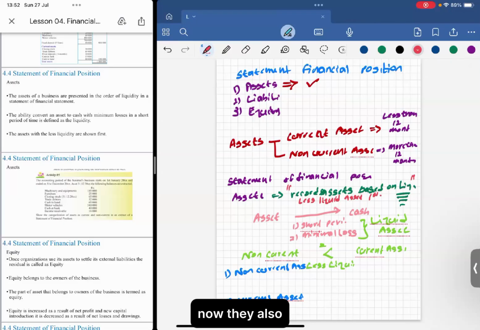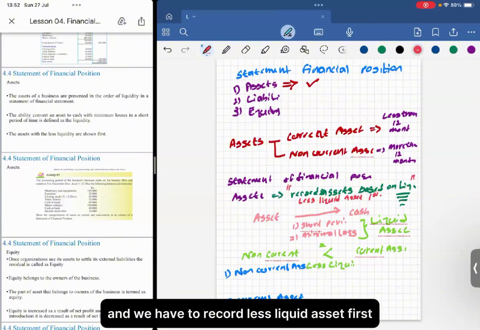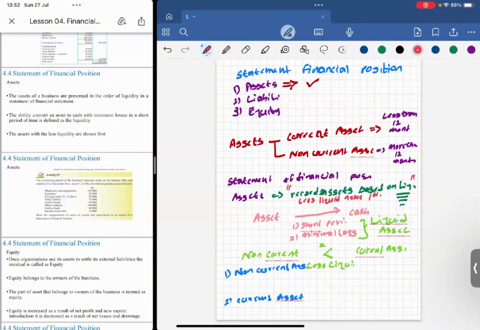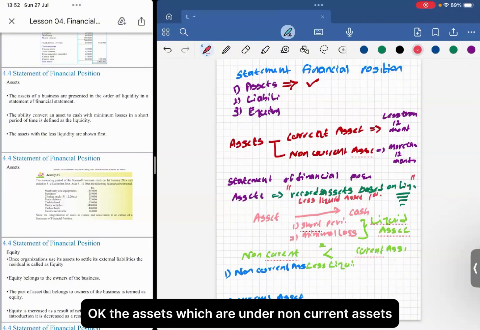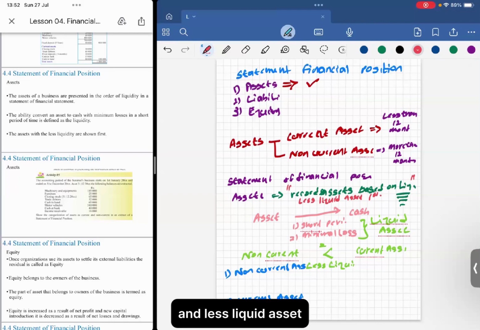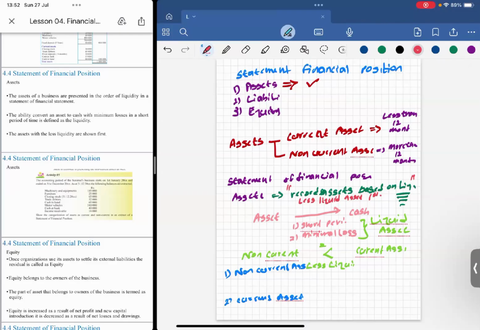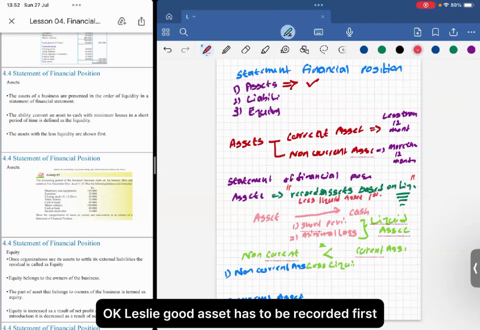Now they also have to be recorded based on the liquidity, and we have to record the less liquid asset first.